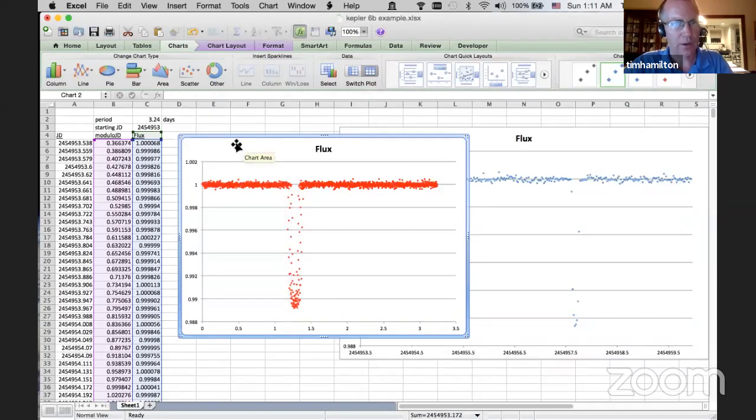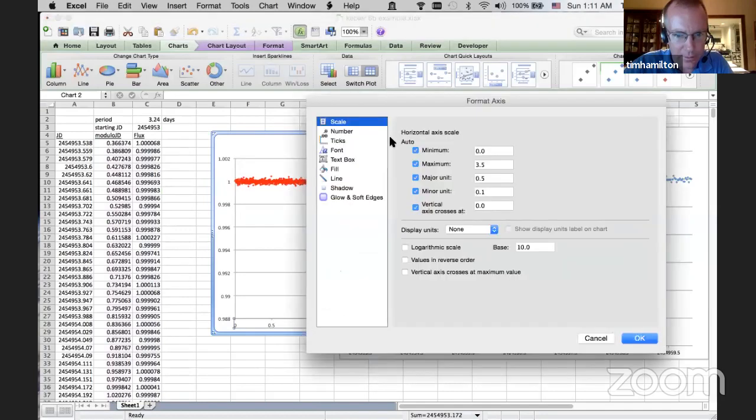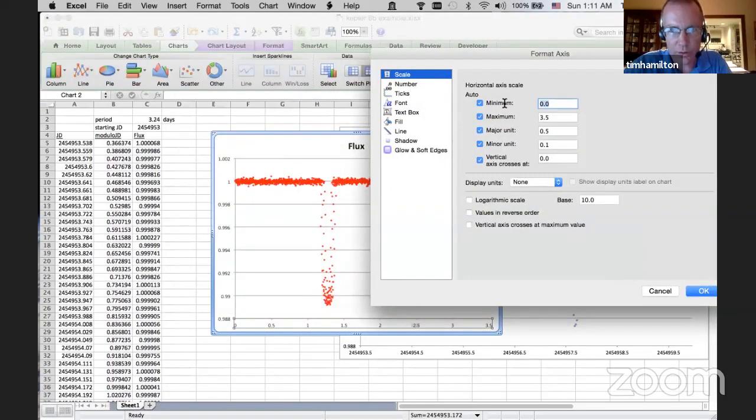Okay, so now, and you know what? I can narrow it down a bit more. Let's say I'll zoom in from about 1 to 1.6.